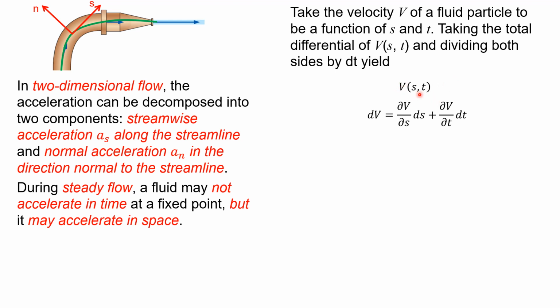So v(s,t) is a function of s and t. Take the total differential of v(s,t) and divide both sides by dt.